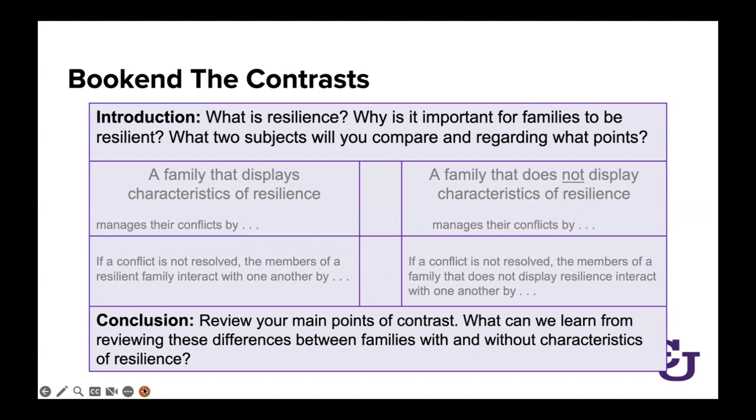So for the introduction, what is resilience? I mean, how long have I been talking about resilience and families with resilience characteristics and families lacking resilient characteristics? In the introduction, you must define what you mean by resilience.